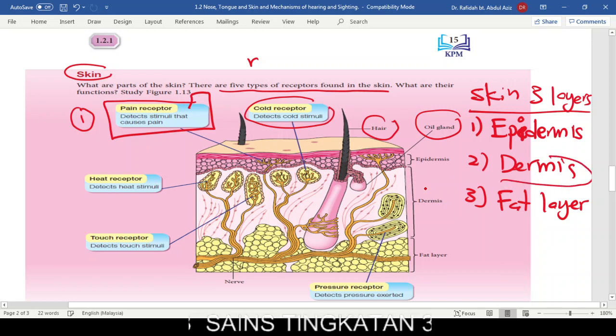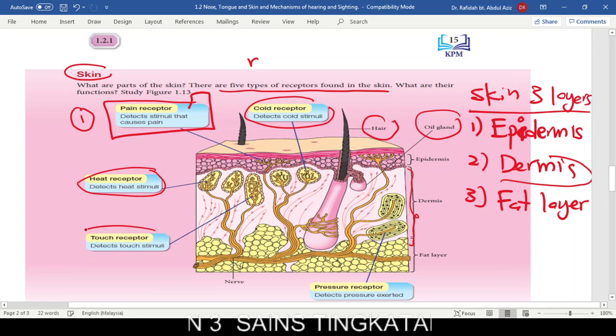In the dermis, the first one is the cold receptor that detects cold stimuli. Second is the heat receptor that detects heat stimuli. Then the touch receptor that detects touch stimuli.